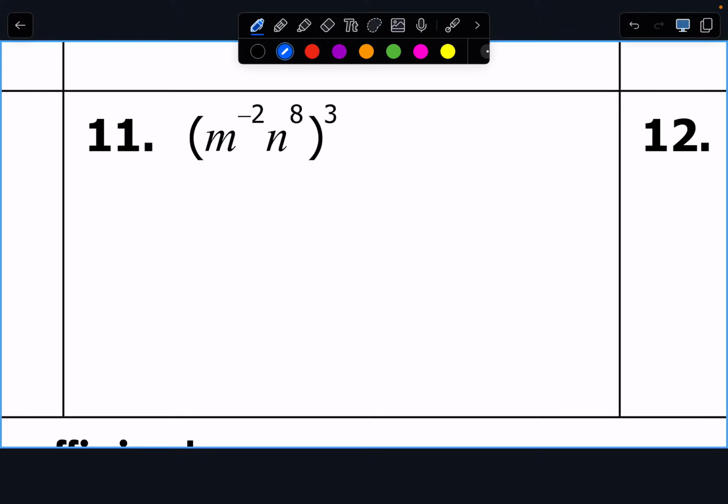What does that mean the new exponent for M will become? Negative 6. And what about the new exponent for N? What did you say? 24? Right? 8 times 3 is 24? Okay.